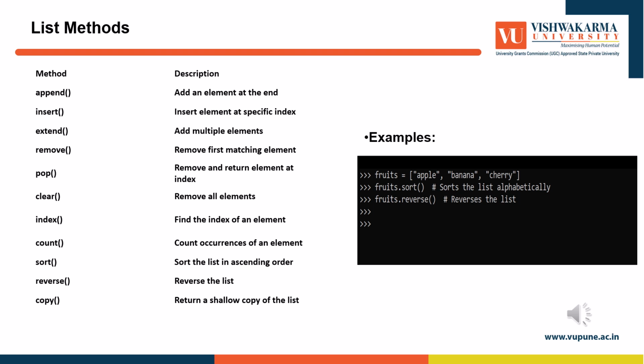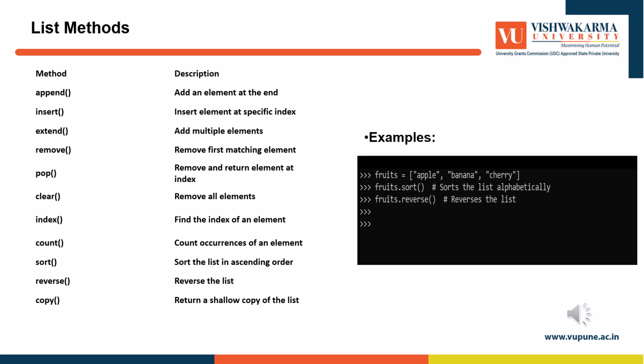Let's see list methods. The methods are append. It adds an element at the end. Second is insert. It inserts an element at the specific index. Third is extend. It adds multiple elements. Remove removes the first matching element. Pop removes and returns the element at an index.